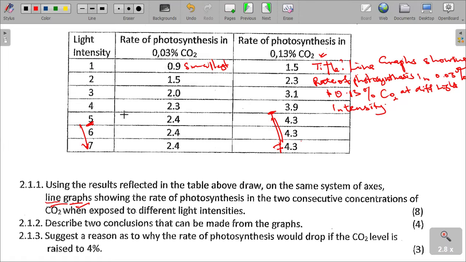So here now, I'm saying there must be a scale. So therefore the graph cannot be too small, cannot be too big. So I'm going to draw it like this.